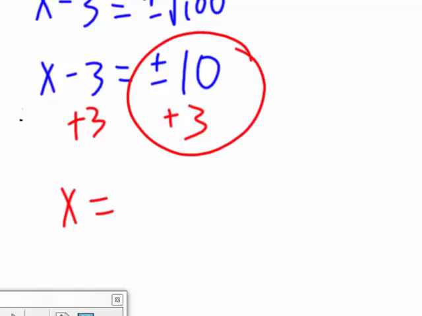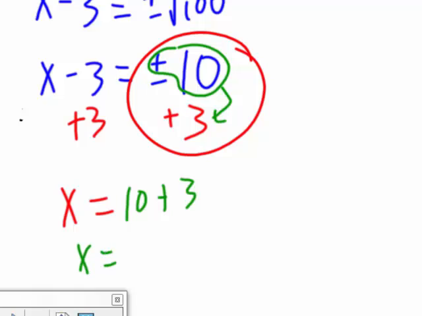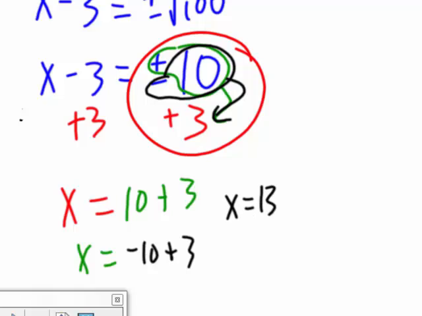This really means positive 10 plus 3. And it also means negative 10 plus 3. So I should get x equal to 13 and negative 7.